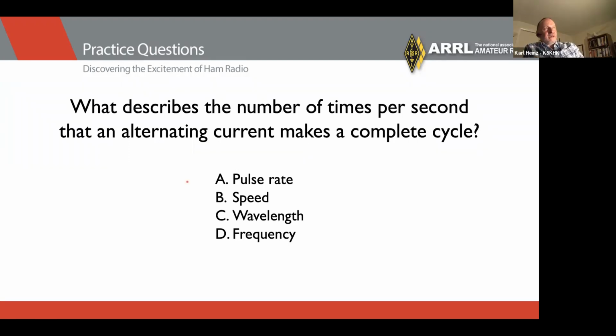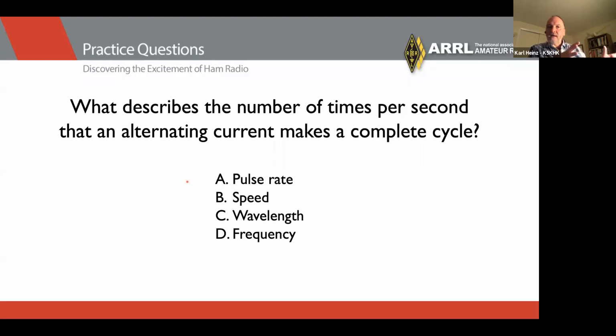Okay, now we're going back to the waves. What describes the number of times per second that an alternating current makes a complete cycle? So now they're throwing in alternating current. We haven't talked about current yet, but a wave is a wave is a wave.